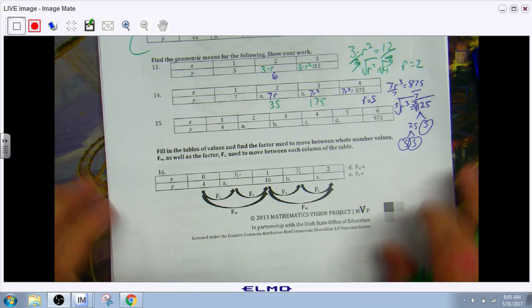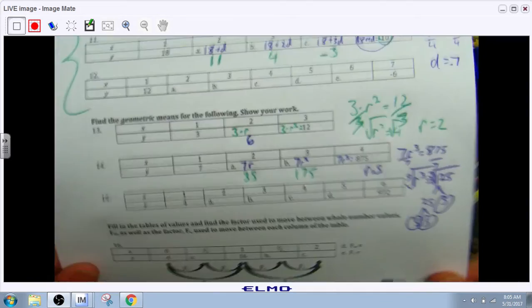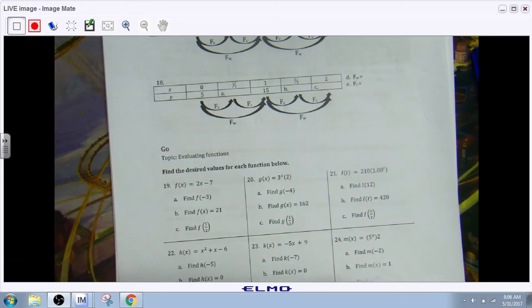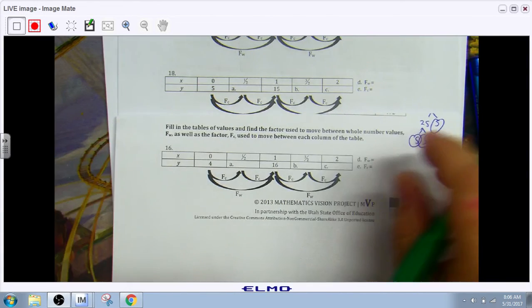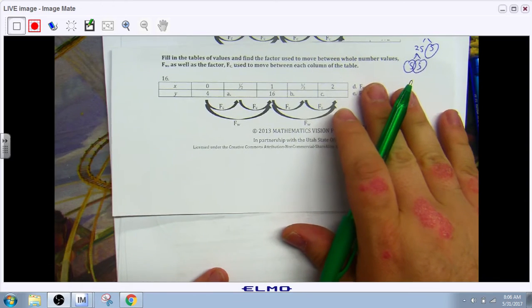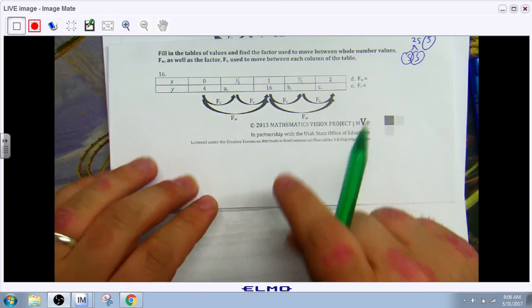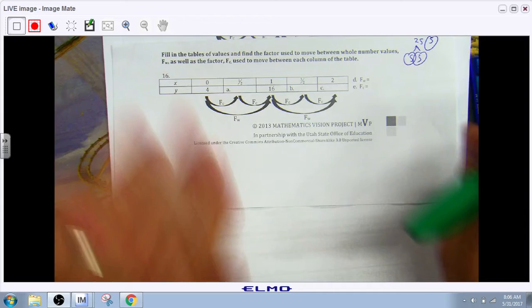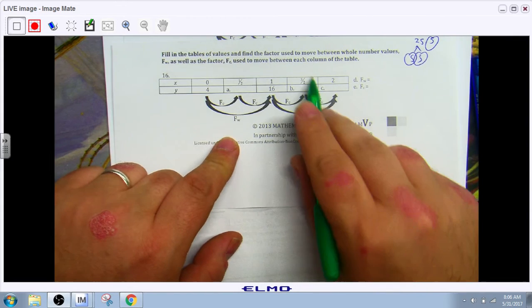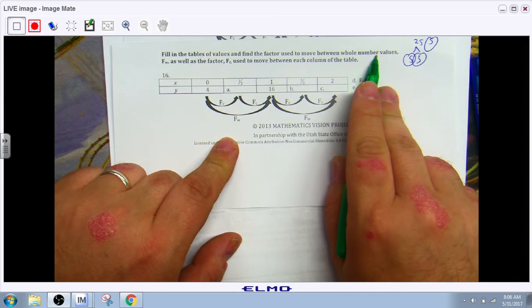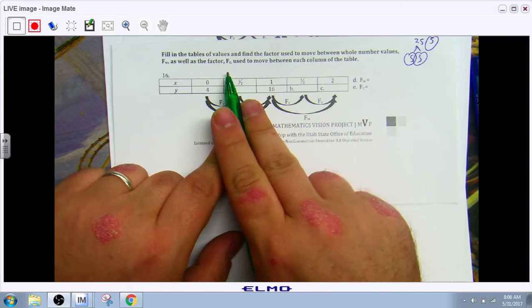Now finally, we're going to figure out our half numbers for these geometrics. So what we need to do here is figure out what these factors are. The factor between whole numbers and the factor to move between each column.